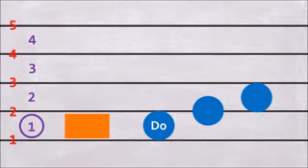So notice that we are stepping from a space note to a line note to a space note. So you might figure out that these notes are going to be do, re, and mi. Let's try singing them. Here's do again. Do, re, mi. Good.